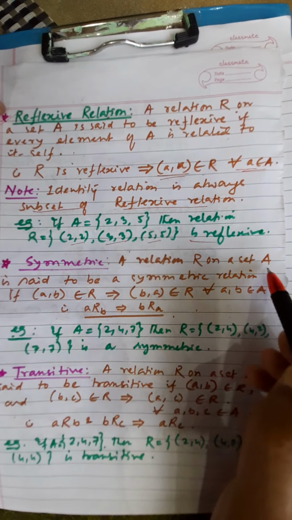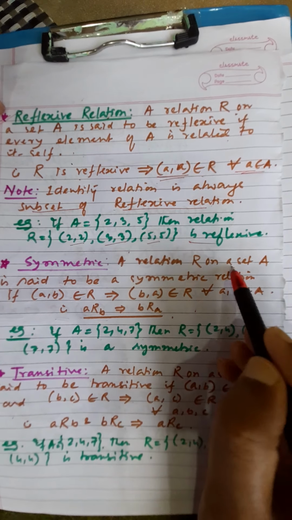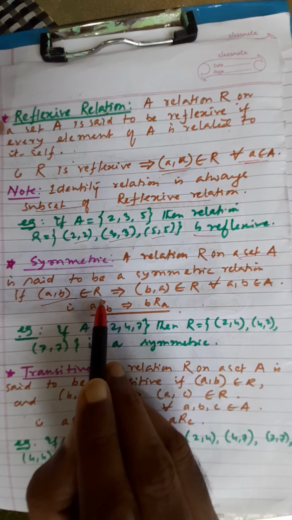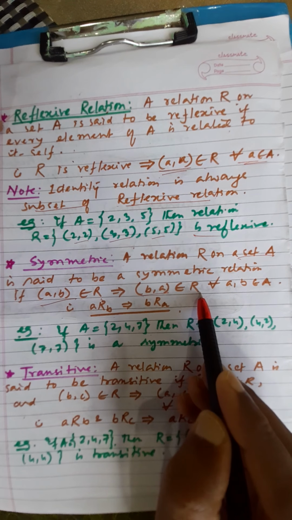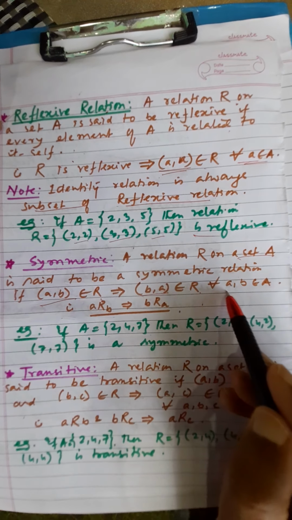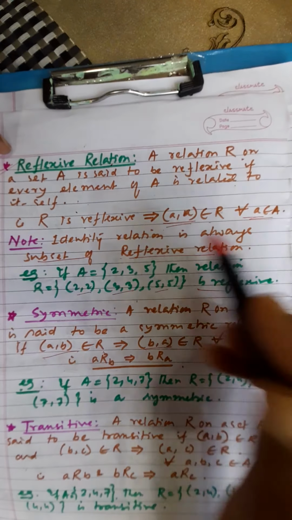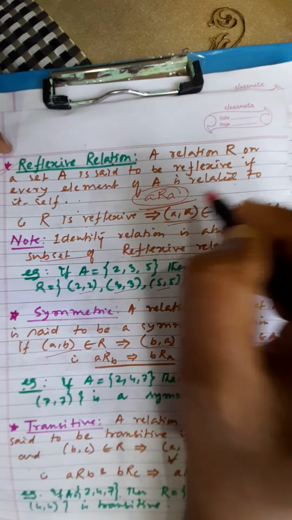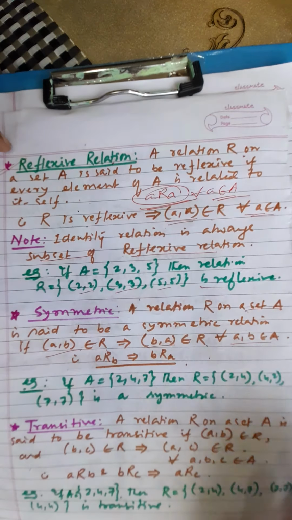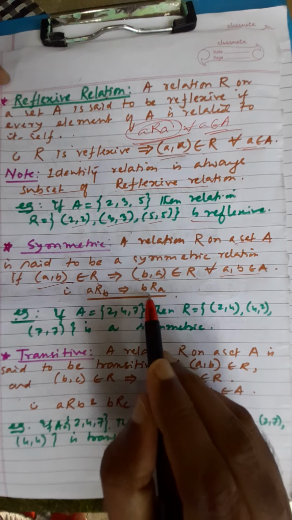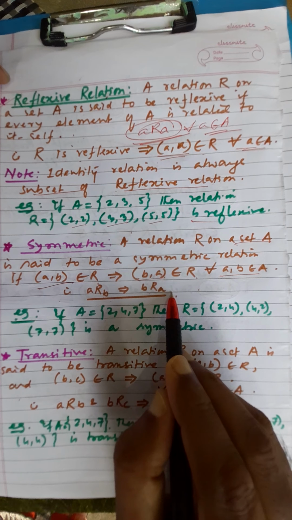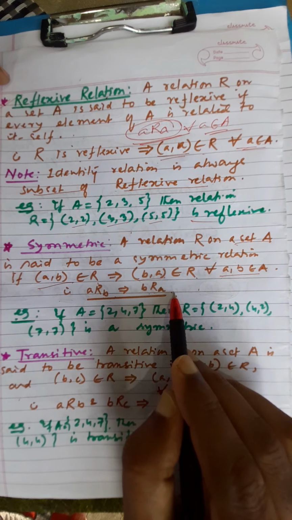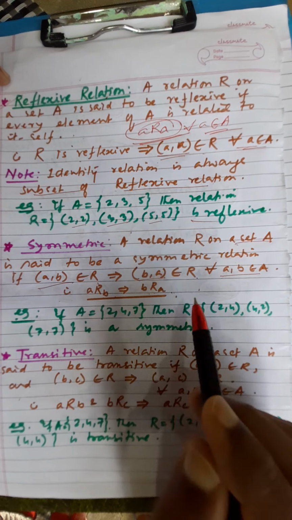A relation R on a set A is said to be symmetric if (a, b) belongs to R implies (b, a) belongs to R, for all a, b belongs to A. In reflexive, a is related to a for all a belongs to A. Here, a is related to b implies b is related to a. Then only we can say the relation is symmetric.